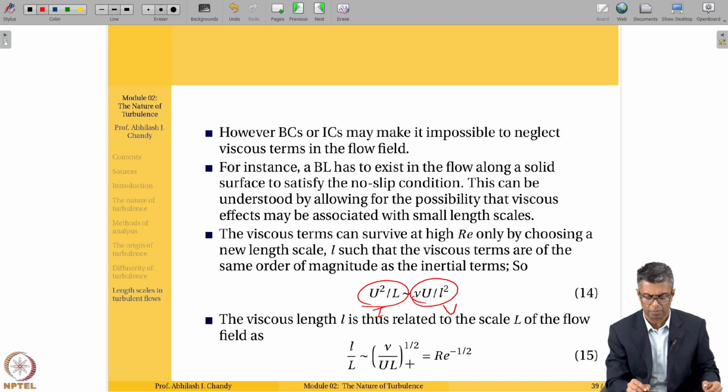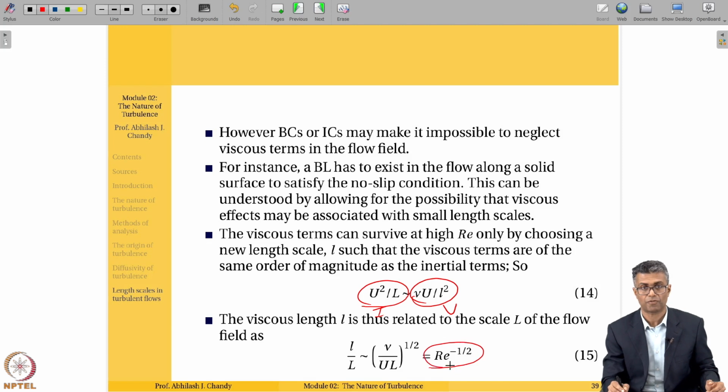It's easily obtainable. Now nu over UL is 1 over Re or Re to the negative 1, in which case this turns out to be Re to the minus half. So this gives you an idea that the viscous length scale in comparison to the large length scale, capital L, is Re to the negative half.